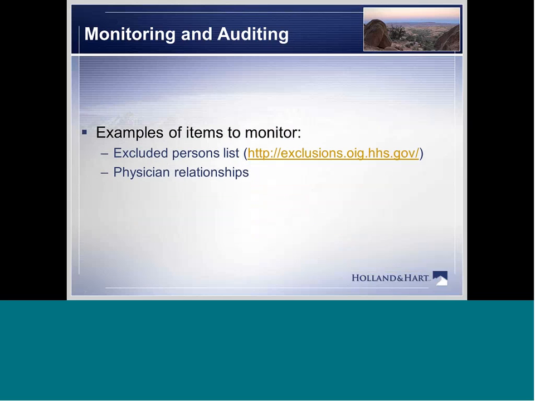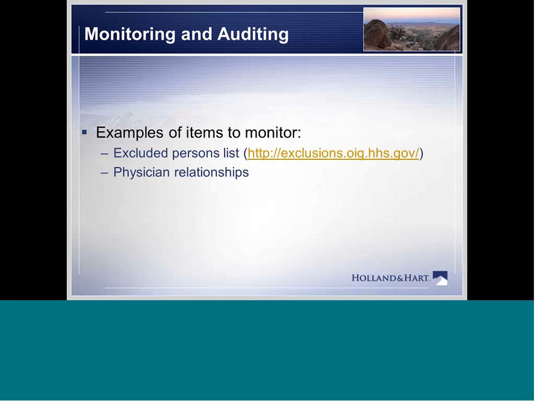And a couple areas to monitor, as I mentioned, the excluded persons list. That's very important and should be an ongoing activity for the organization. And physician relationships. I have many organizations I work with where we've set up checklists for anytime they're entering into a contractual relationship with a physician that has a financial relationship and could trigger things like Stark and anti-kickback.